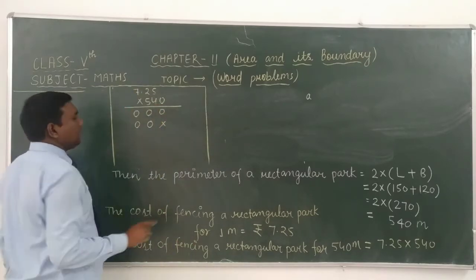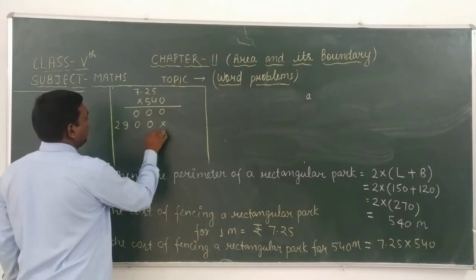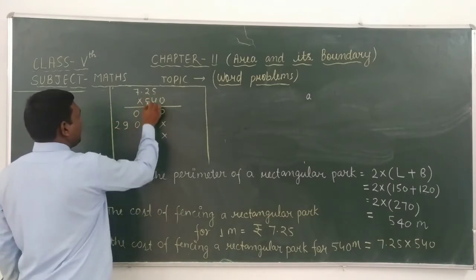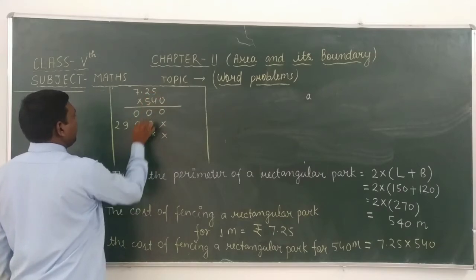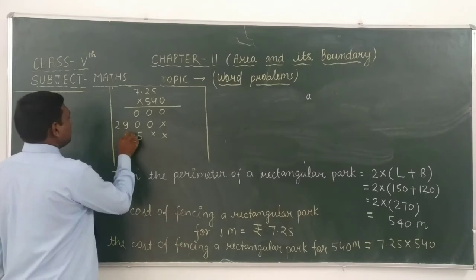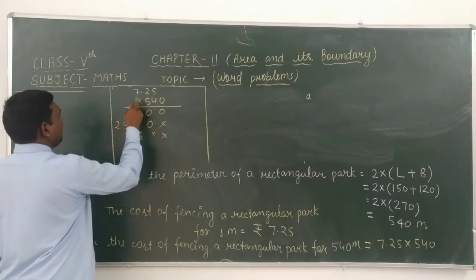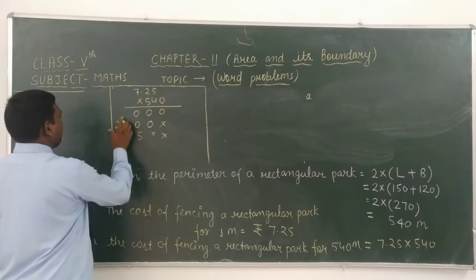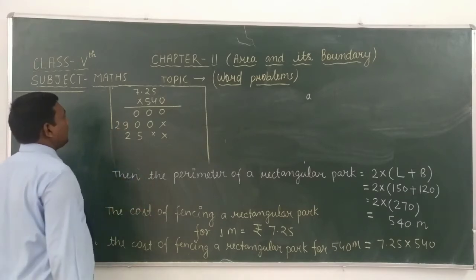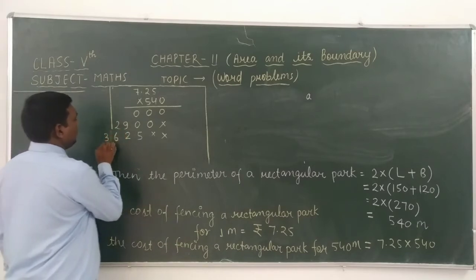4 sevens are 28, 28 plus 1 is 29. 5 fives are 25, write 5. 5 twos are 10, 10 plus 2 is 12. 5 sevens are 35, 35 plus 1 is 36.